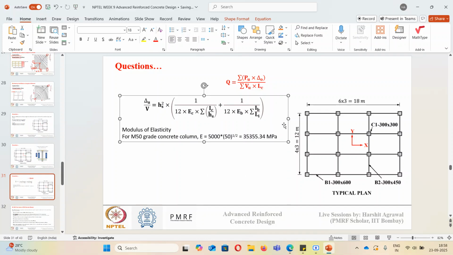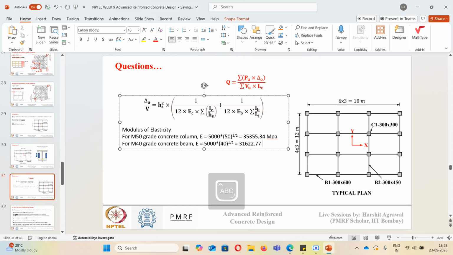So this is my modulus of elasticity of column, and for M40 grade concrete beam, the E value is given by 5000 under root FCK, 40 to the power 1 by 2. So this calculation will come out to be 31622.77 MPa. So this is the modulus of elasticity of both column and beam.